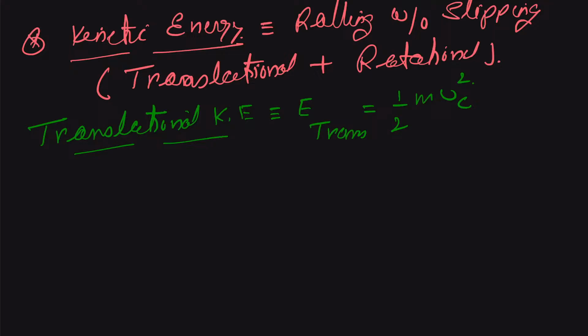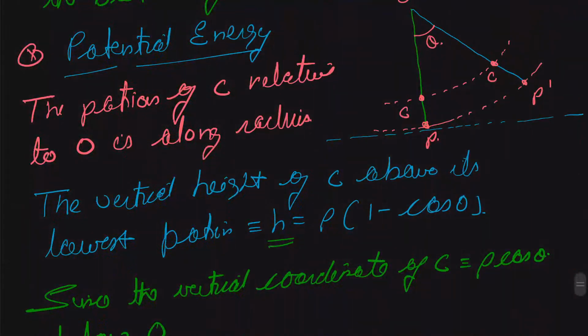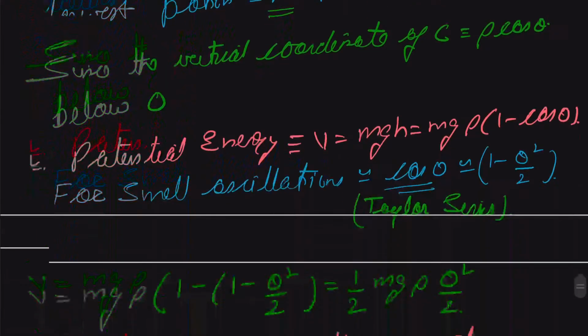And we know that this marble center C is moving along a circular arc of radius rho, which I have already drawn here. So it is moving in a circular arc of radius rho.